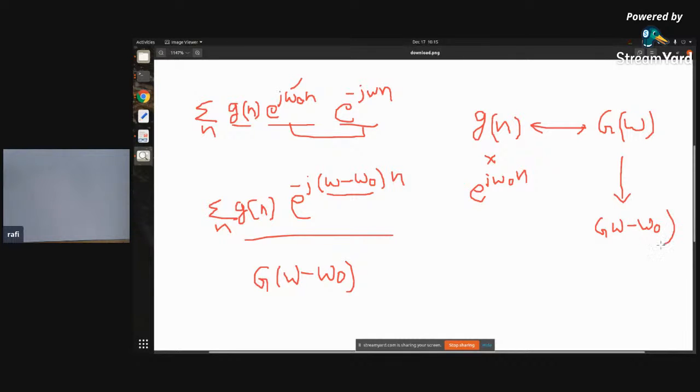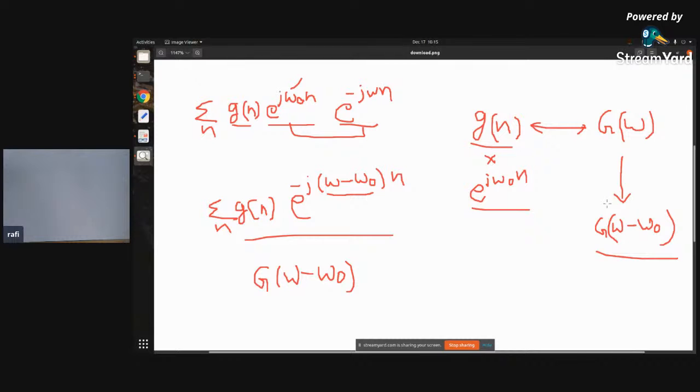The spectrum will get a shift. So this is called frequency shifting. The frequency variable is shifting when you multiply a complex signal in the time domain with the actual signal. Okay, so this is one way.